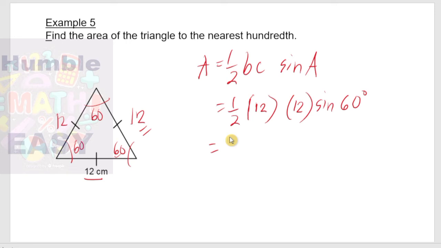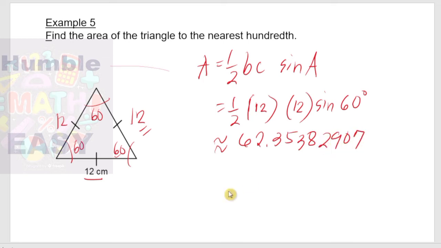So we have 1/2 times 12 times 12 times sine 60. Then approximately we have an answer of 62.35.